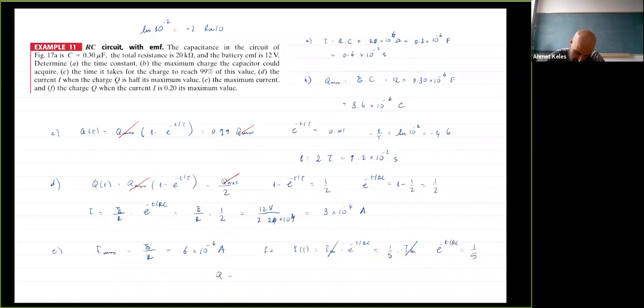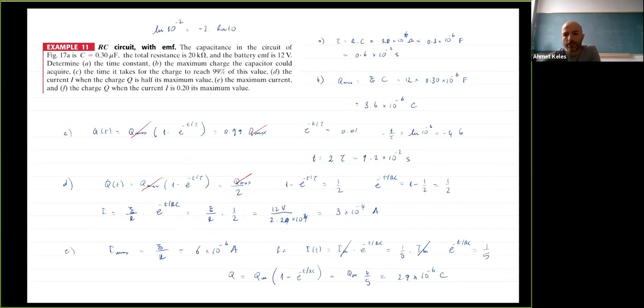Then Q is equal to Q max times 1 minus e to the minus t over RC. This is going to be Q max, 1 minus 1 over 5 is 4 over 5. So if I multiply it with this number, what do I get? 2.88, something like 2.9 times 10 to the minus 6 coulomb.